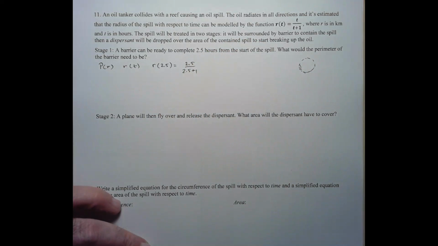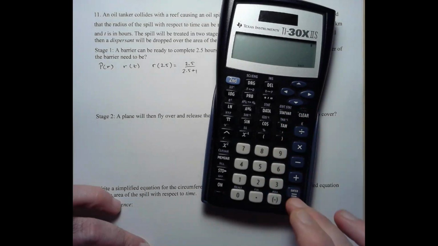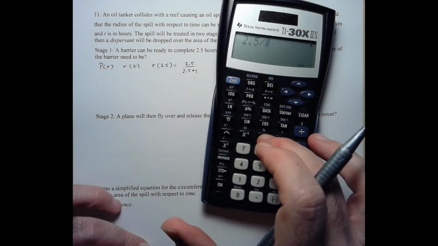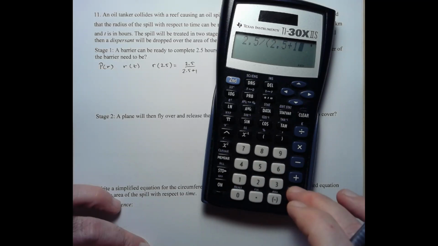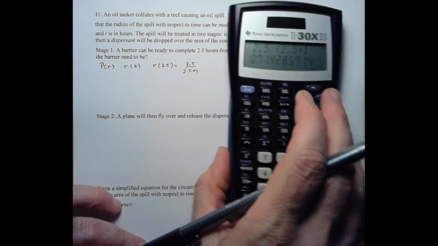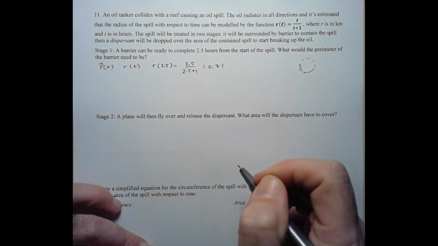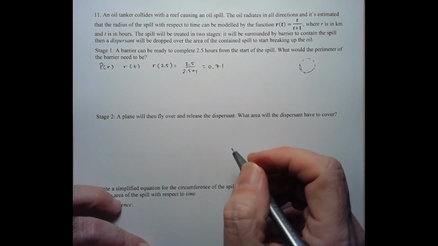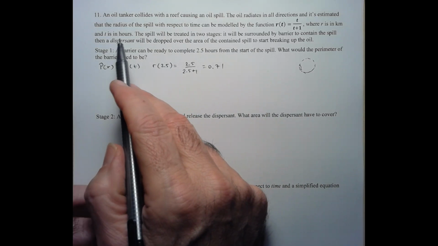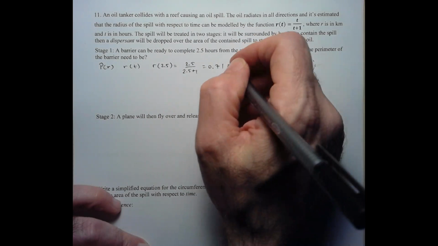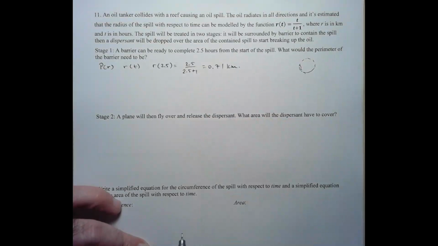So let's calculate that. Okay, so 2.5 divided by 2.5 plus 1. Okay, it's about 0.71. Okay, and does it tell us t in hours? Oh, kilometers, there we go, 0.71 kilometers, so quite a big oil spill.